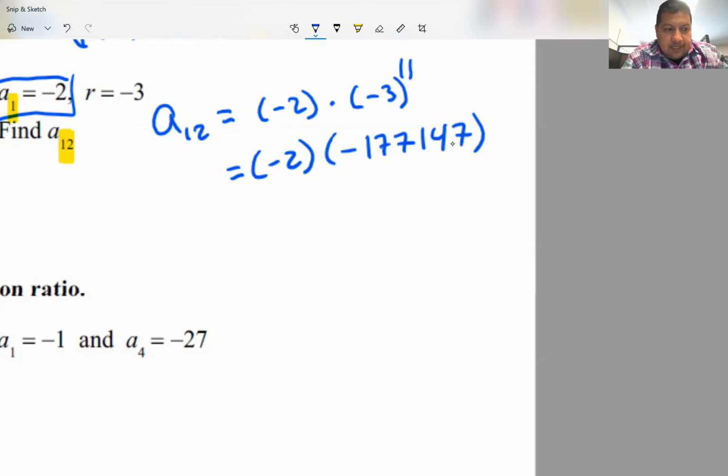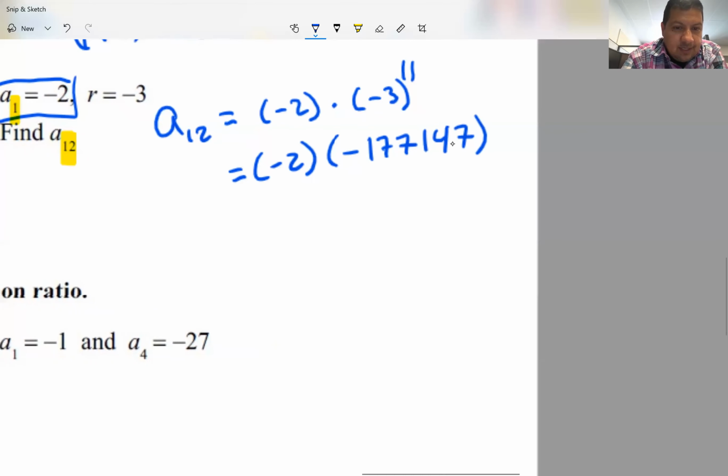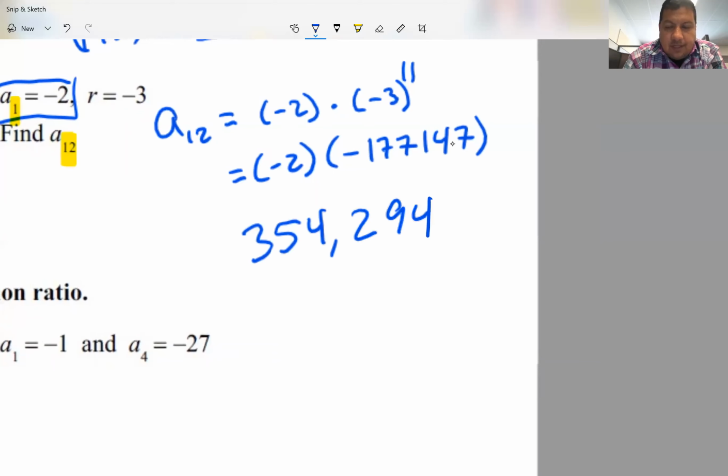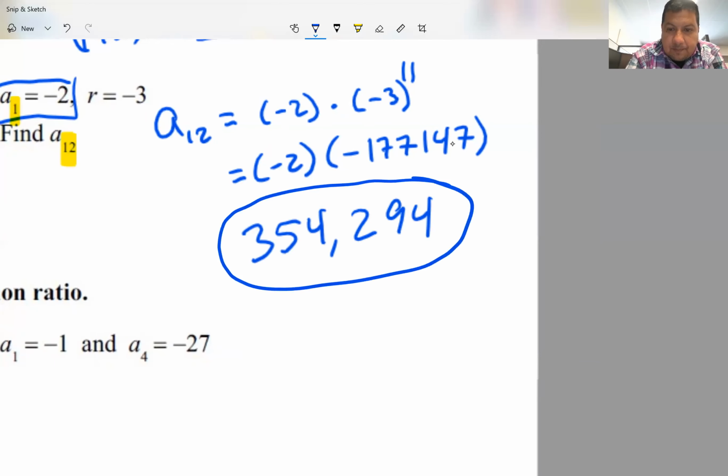Now, when I multiply these two numbers, the nice thing is that negative with negative is positive, so my answer in this case is 354,294. Like I said, I'm using a calculator. I expect you guys to do the same.